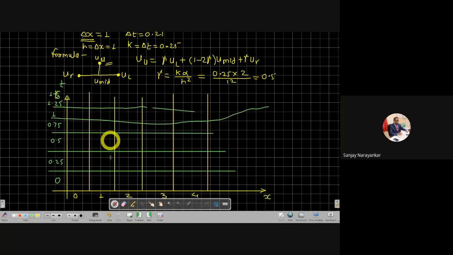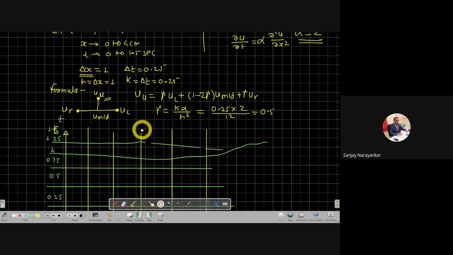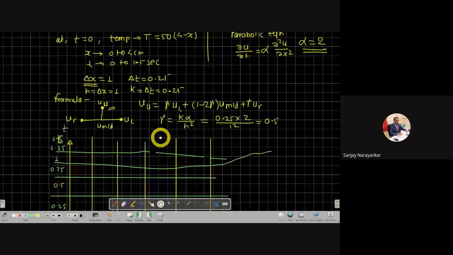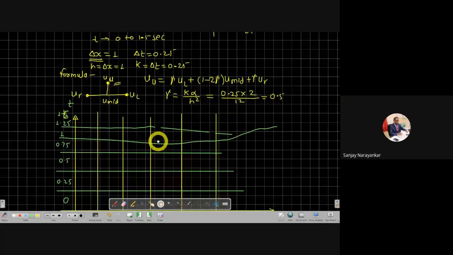A few lines I'll explain. It is very important in the problem statement to understand what the initial condition is. At t is equal to 0, temperature is given as 5 times 4 minus x. What does it mean, students?